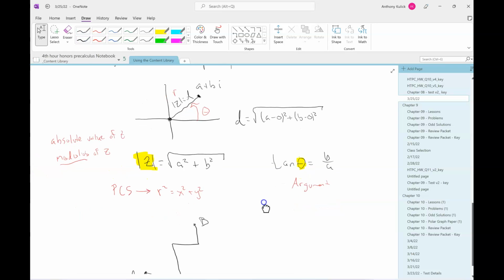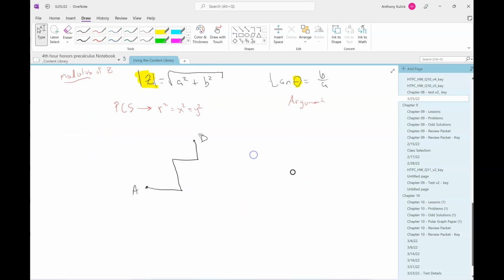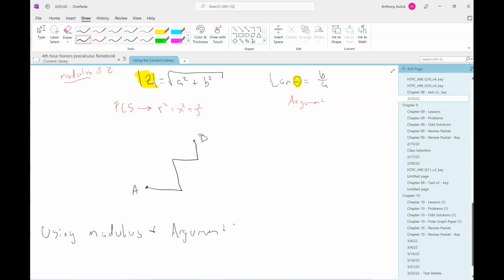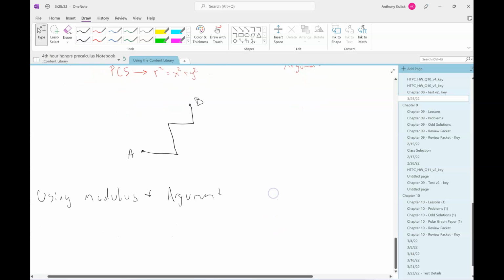Now, if you take these two ideas together, we can describe that complex number that way as well, right? Just like how we could convert rectangular points to polar points. This is going to give us something called the trigonometric form.